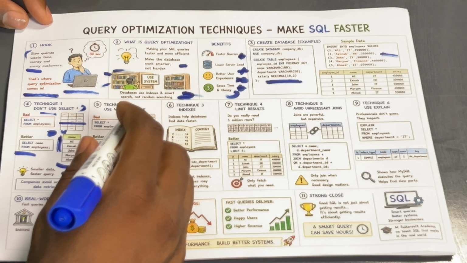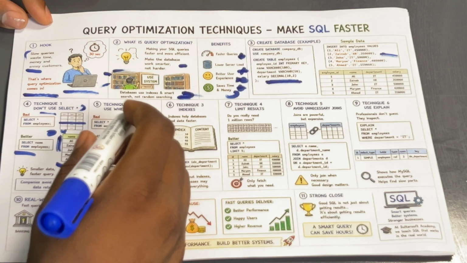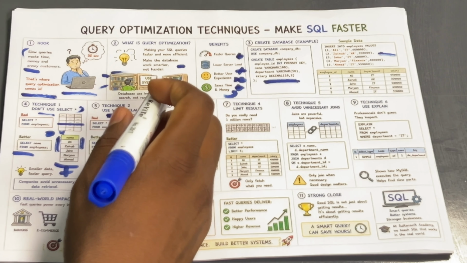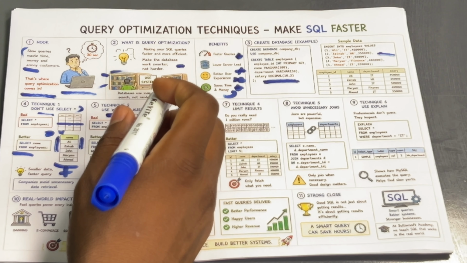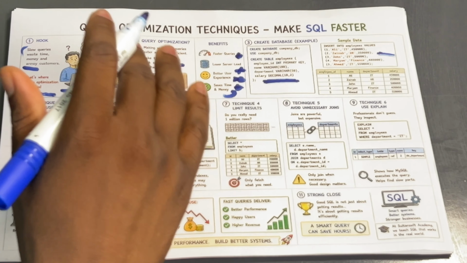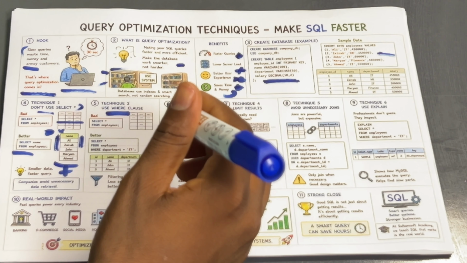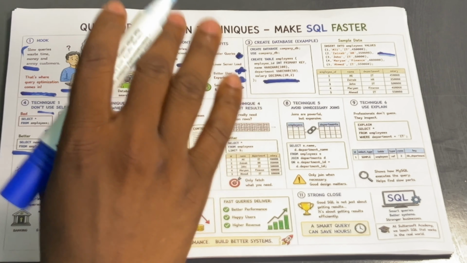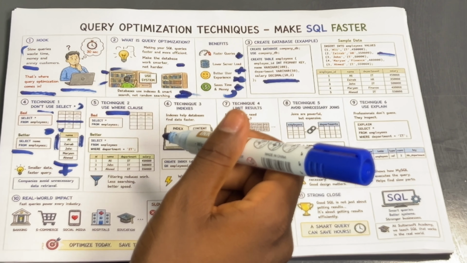And then let's move to the next technique. Technique 2, use the where clause. What does that mean? Imagine searching all employees. When you only need IT staff, the bad thing to do is select all from employees.